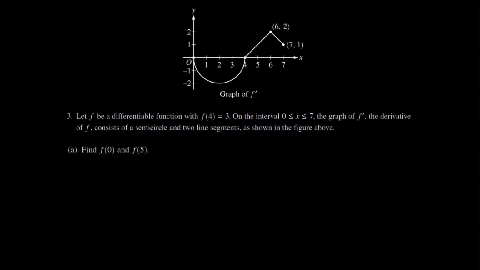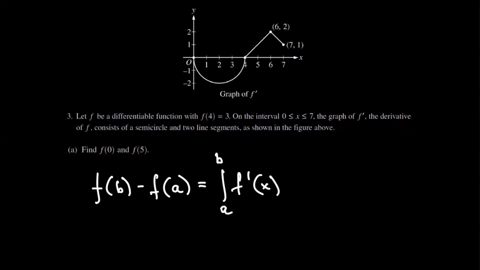And recall that by the fundamental theorem of calculus, f of b minus f of a for a differentiable function is equal to the integral from a to b of f prime of x dx. So in our case, we can apply that too. We have a value at f of 4, and so we can integrate the derivative from point 4.